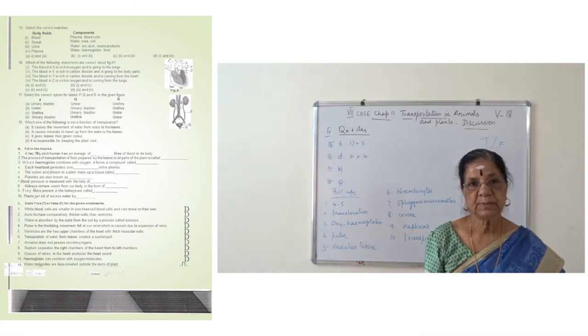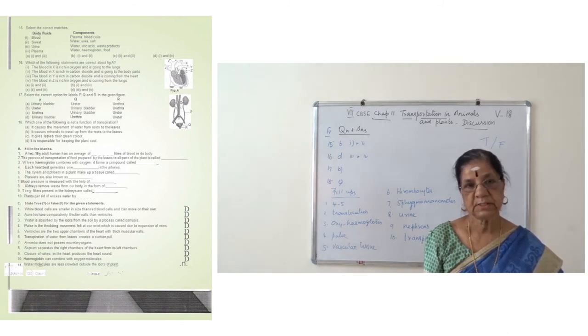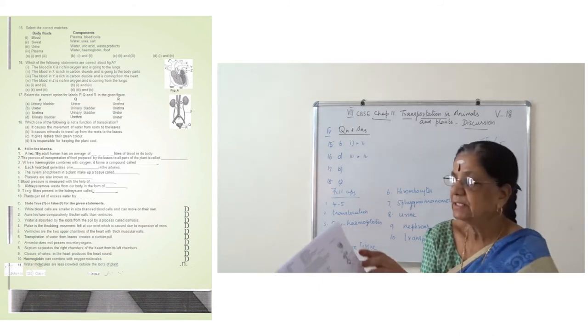The correct pair, two of them, the answer is option B, 1 and 2: blood, plasma and blood cells, sweat and water, urea and salt. Are you clear? So option B is correct. Then question 16. See this diagram.